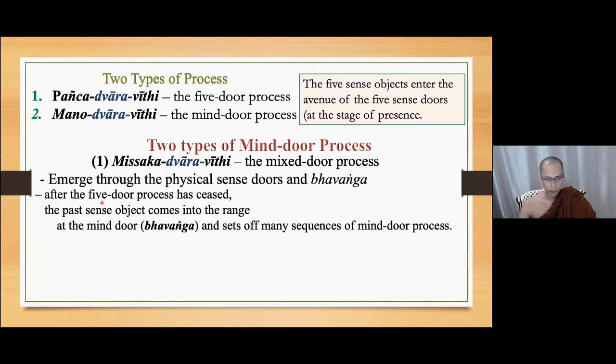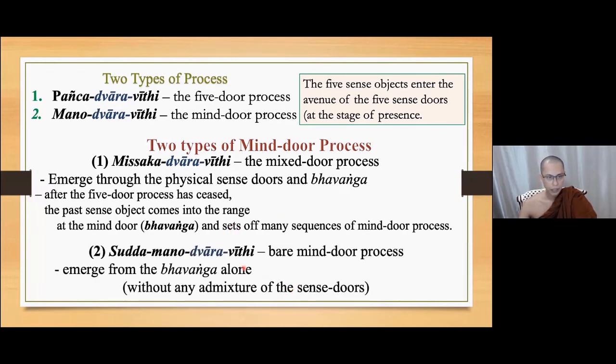After the five-door process has seen the past sense object, the past sense object, visible form or sound, etc., comes into the range at the mind-door bhavanga and sets off a sequence of mind-door processes. Sometimes five or six, up to seven, it can continue to recognize. Those consequent processes are called the mixed-door process.